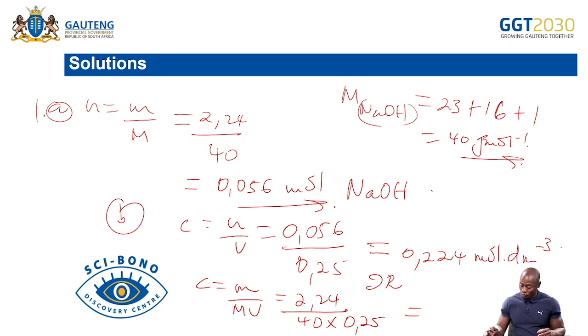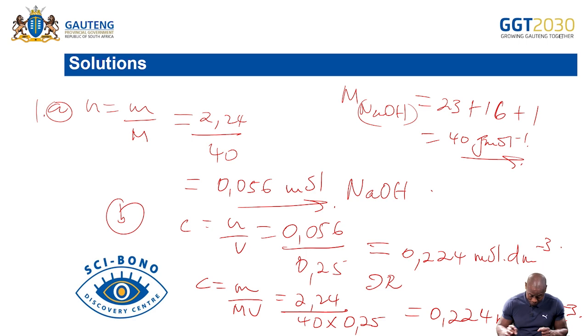So I'm having 2.24 divided by 10, which is the same, yes, 0.224 mole per cubic decimeter. So you can either use C equals n over V or use C equals mass over molar mass times volume to get the concentration.